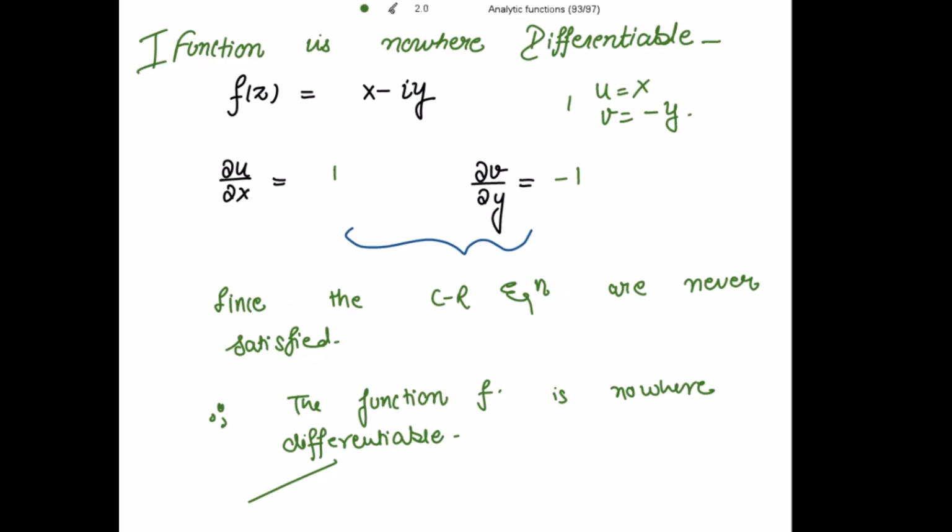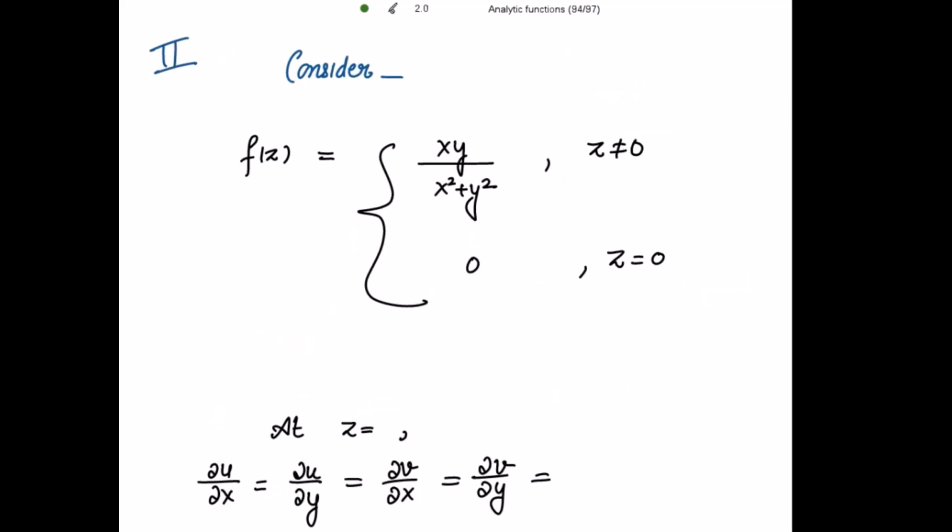Okay, let's consider another function f(z) equal to xy divided by x square plus y square, where z is non-zero, and equal to 0 for z equal to 0. It is very clear that this function vanishes on the coordinate axes. Where x equals 0, the function vanishes, and if y equals 0, the function vanishes, right?